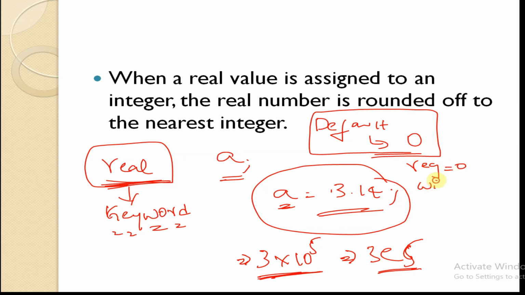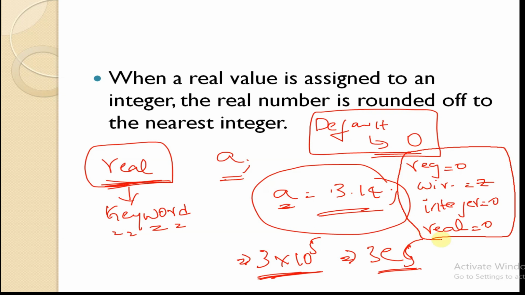The default value of wire is high impedance. The default value of integer is 0. And the default value of real number is 0. These are the questions which are asked in interviews. They may ask what is the default value of integer or what is the default value of real number.